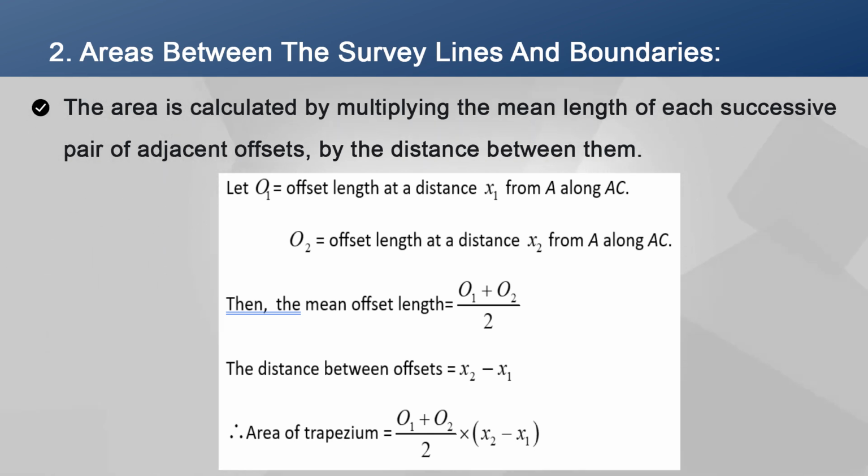What will be the mean offset length? The mean offset length will be (O1 plus O2) by 2, and the distance between the two offsets is x2 minus x1. So, the area of the trapezium formed by these two consecutive offsets will be equal to (O1 plus O2) by 2 into (x2 minus x1).